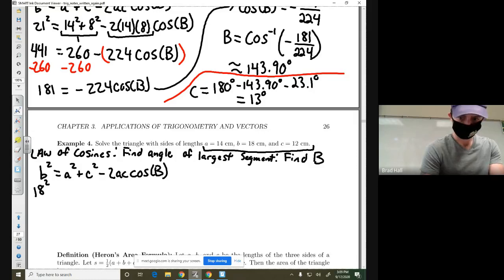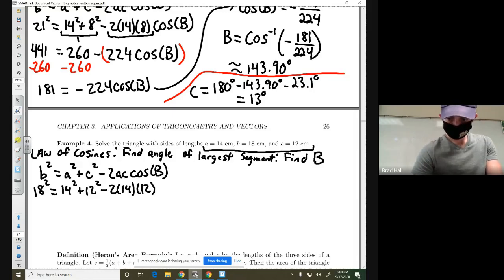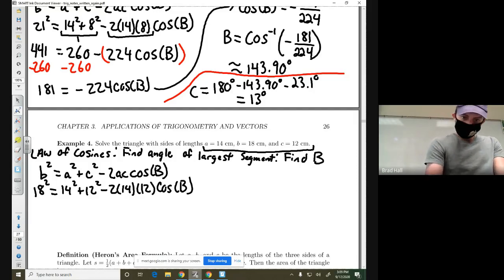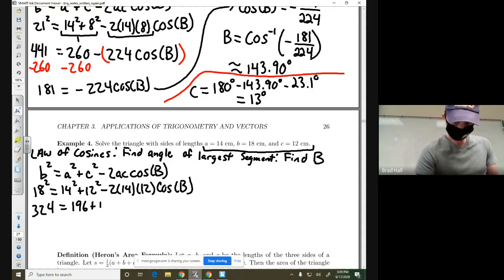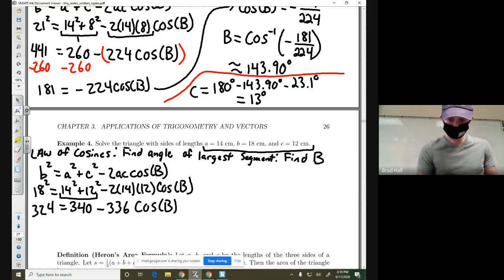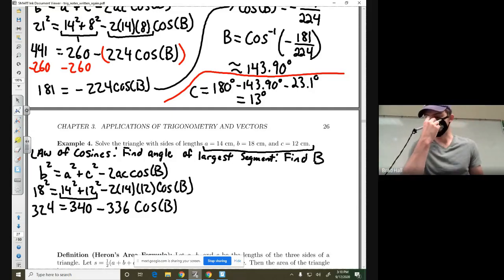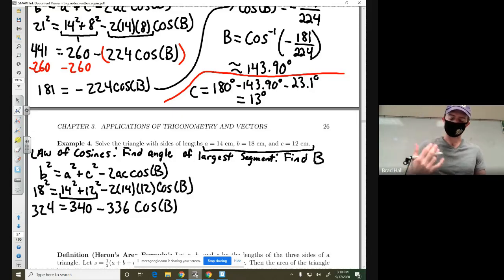And let's go ahead and start plugging stuff in. So it's pretty much the same algebraic steps as before. I'm just doing it one step at a time.